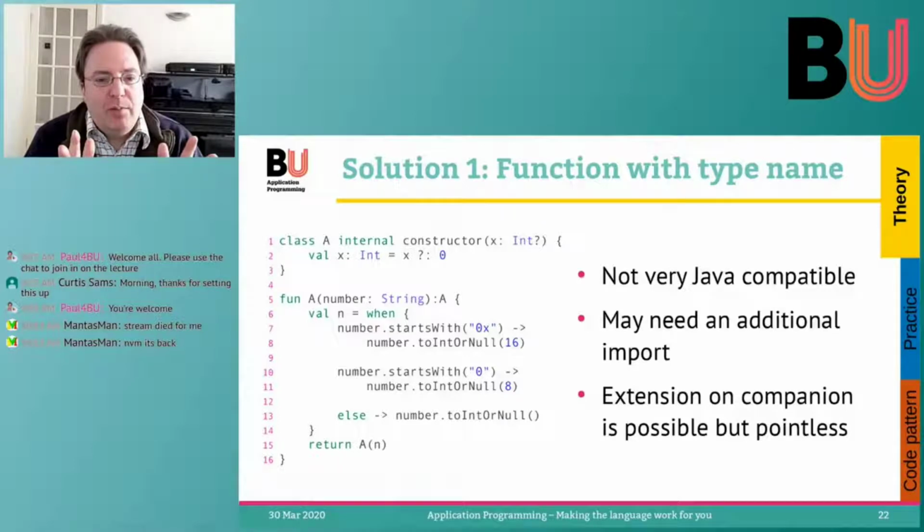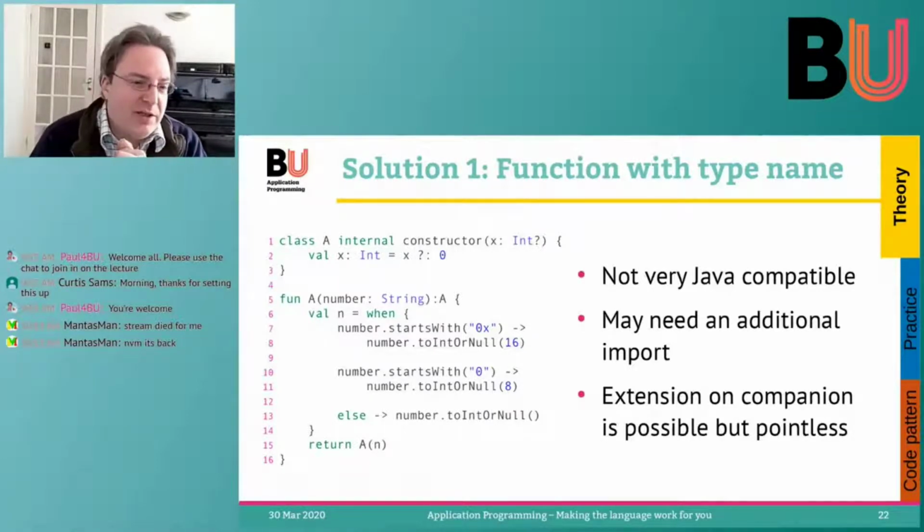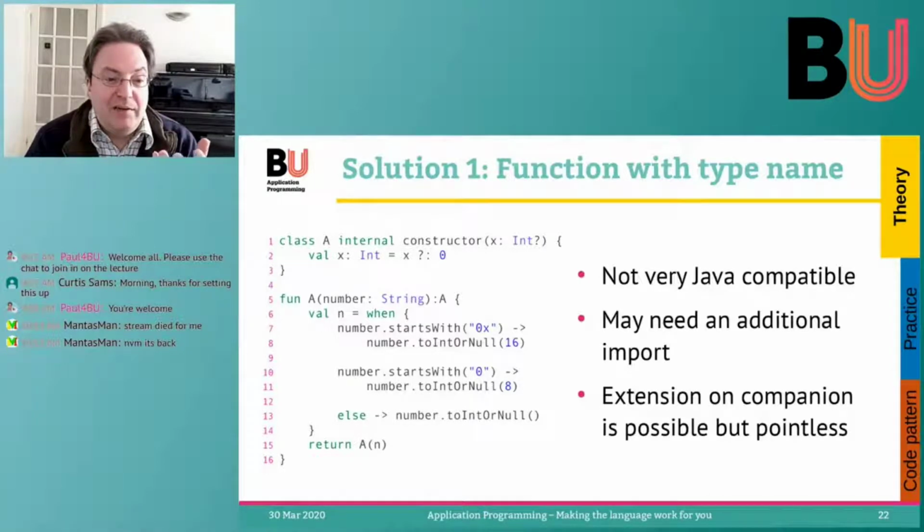Anyway, how can you do this? There are 2 ways that you can do this. The first way is to have a free function that makes this work. So we have our class that we give an internal constructor because we don't want this to be our public interface.